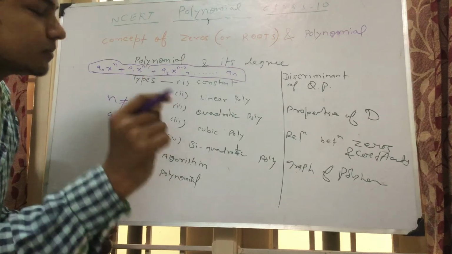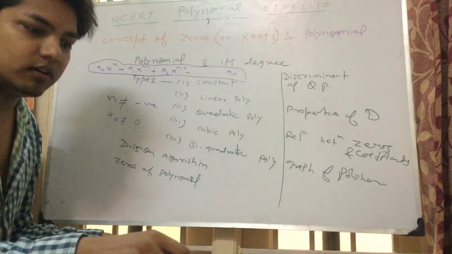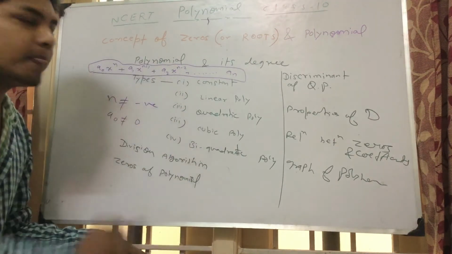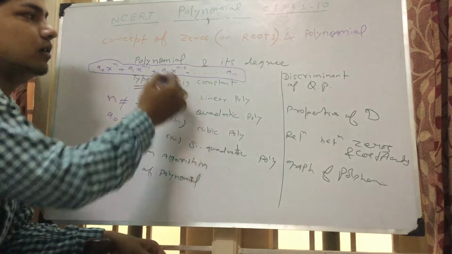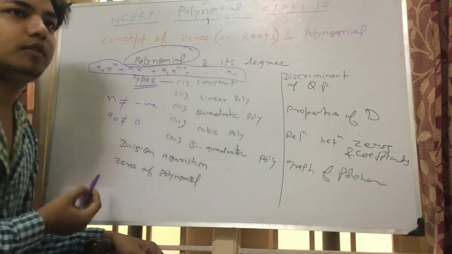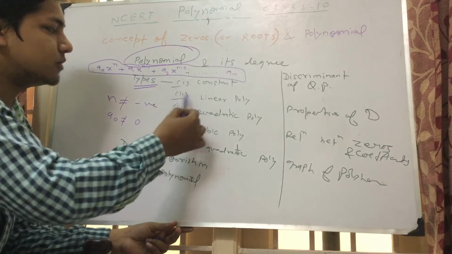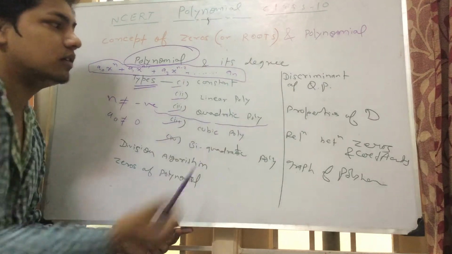Are you getting this? Okay, we have several examples. In the next video we'll cover the exercise, and there we'll learn examples and everything. Here just the intro is going on. Now we have to learn types of polynomial. In our syllabus we have to cover only 4 types of polynomial, and mainly we have to focus on these 3 types.